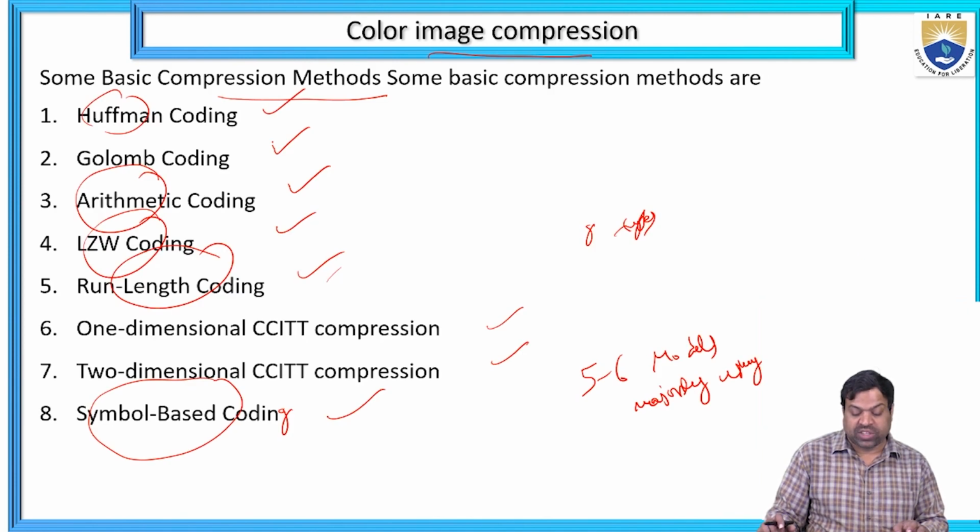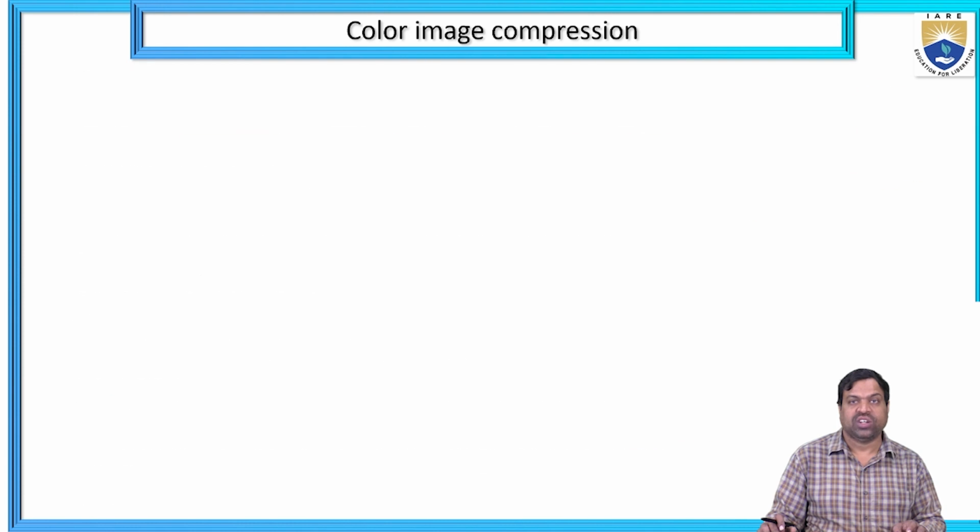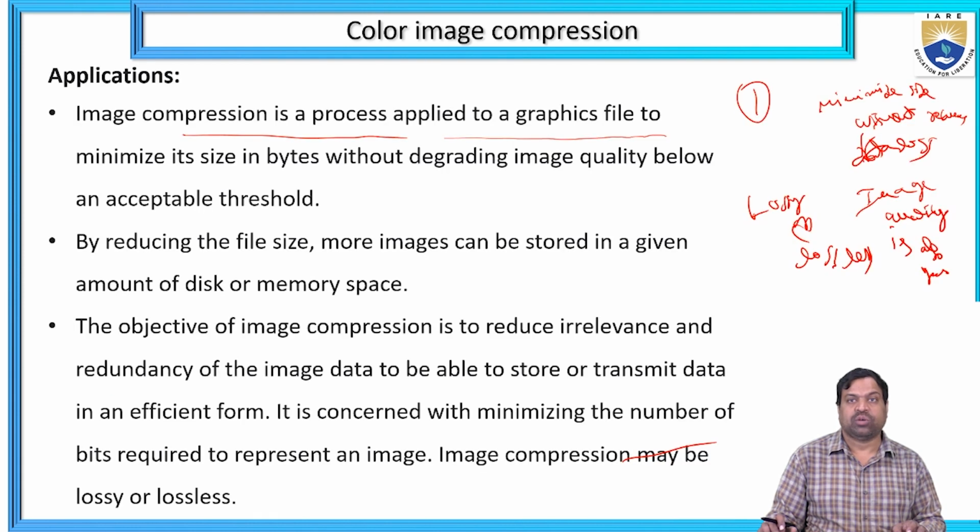So what are the methods or image compression models? Huffman coding, Golomb coding, arithmetic coding, LZW coding, run length coding, one dimensional compression, two dimensional compression, symbol based compression. These are the compression models, and in applications, image compression processes a graphical file to minimize its size in bytes without degrading image quality.